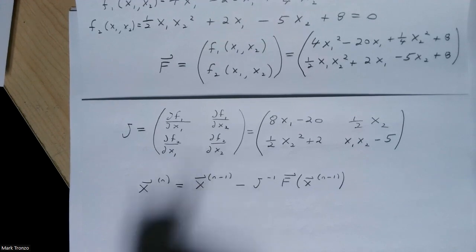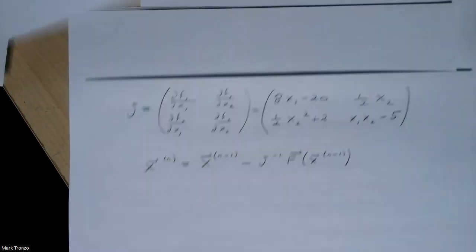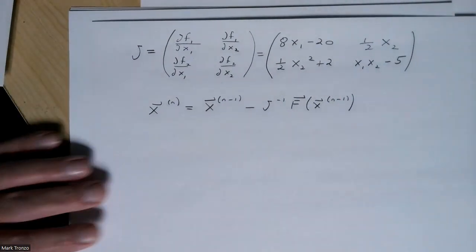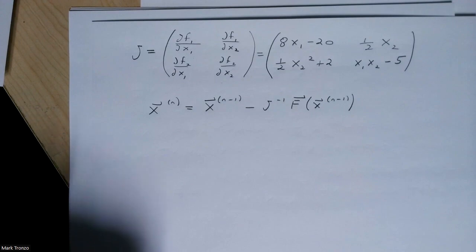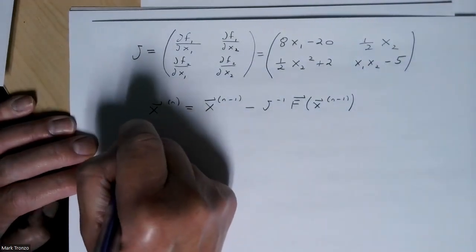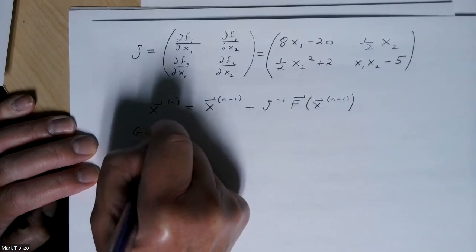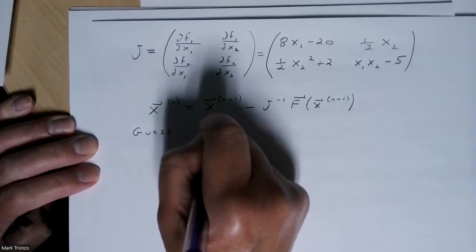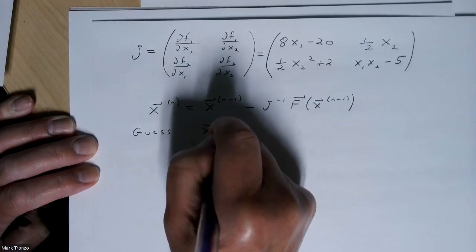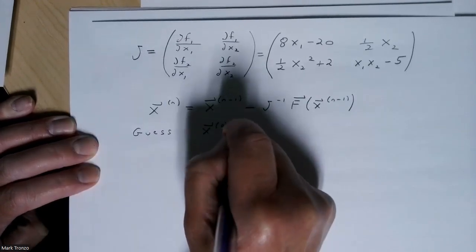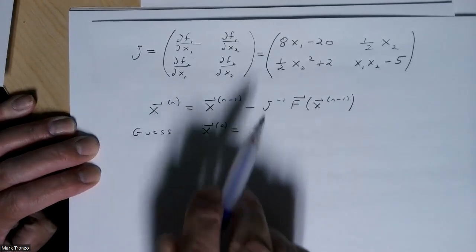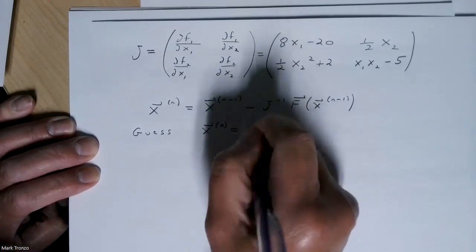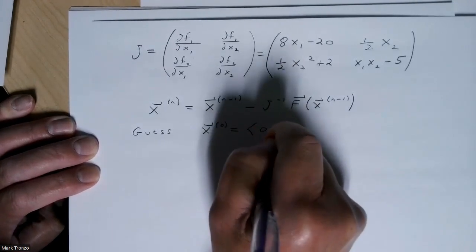So we're going to have to start with an initial guess. And this is what you did as well when you did for single equation. You got an initial guess, call that an x0. Now, the only difference this time is we have two unknowns. So our initial guess is going to have two elements.